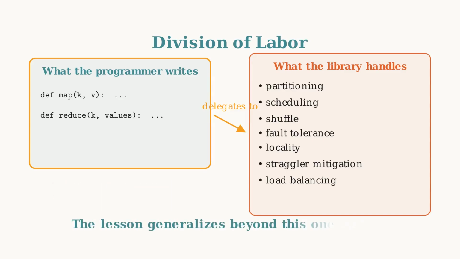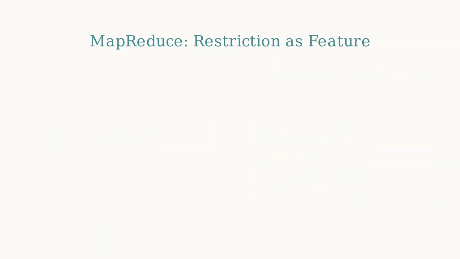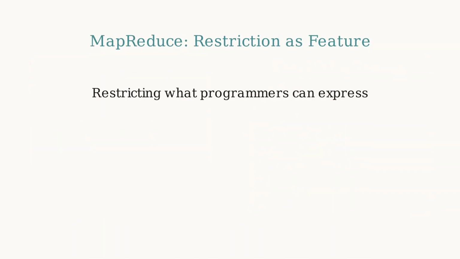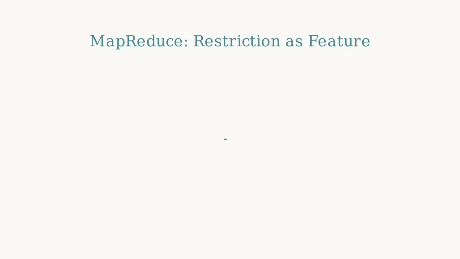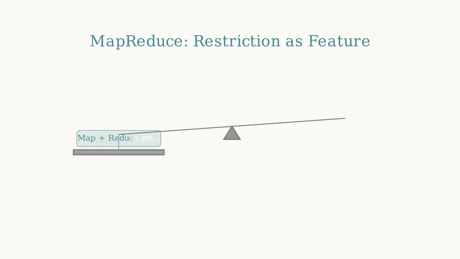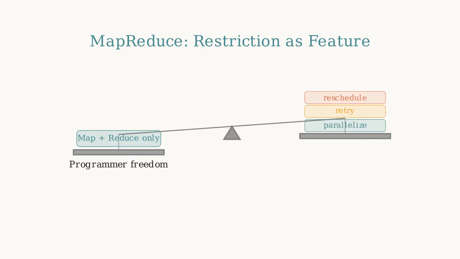The lesson generalizes beyond this one system. The deeper insight the authors landed on is this: restricting what programmers can express is a feature, not a limitation. Because map and reduce are pure functions, the framework can freely rerun them, reorder them, replicate them, and move them close to the data.